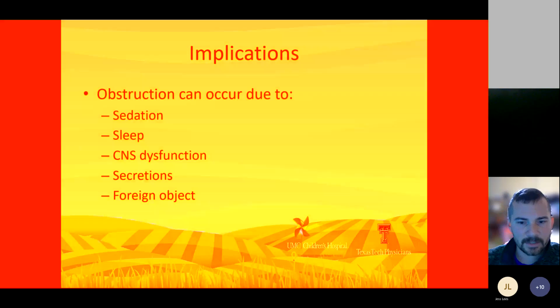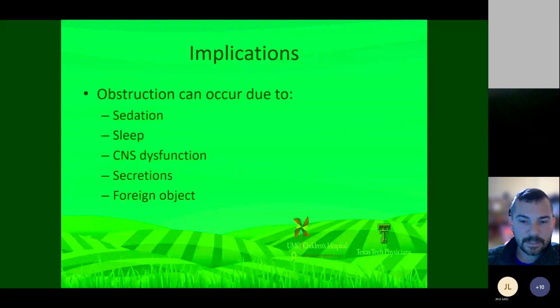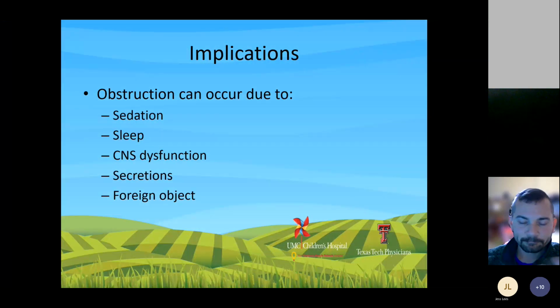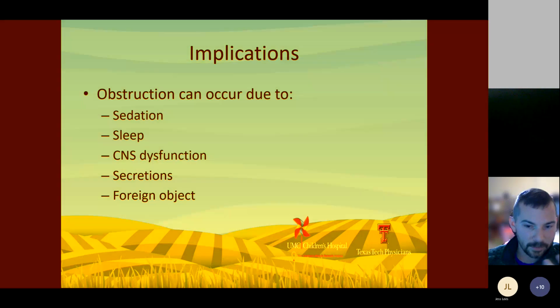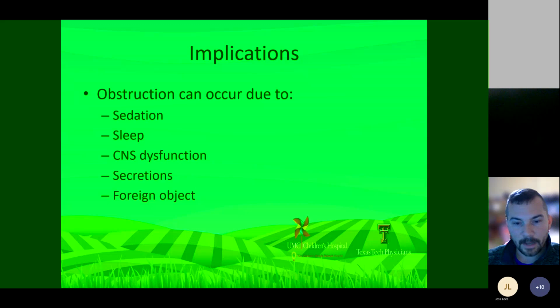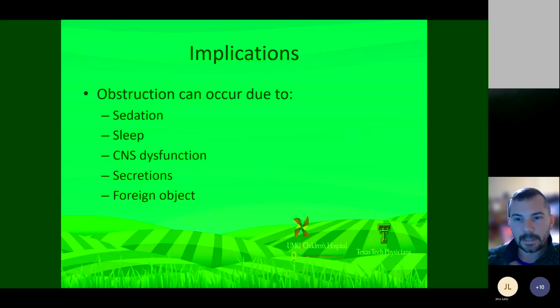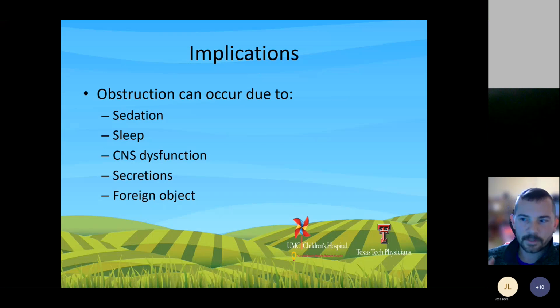Obviously, there's CNS dysfunction, head injuries, or other CNS disorders that can cause, again, a depressed mental function, like I said, traumatic brain injury. Secretions, especially in infants, they create a lot of secretions. They don't manage them quite well sometimes, especially when they're thick.